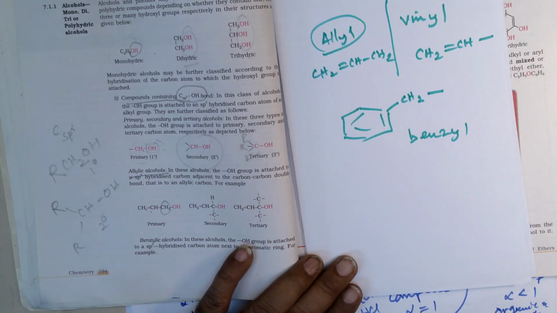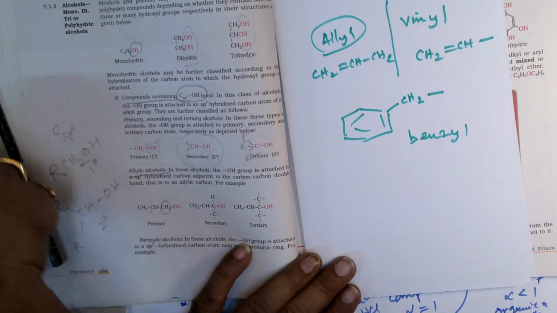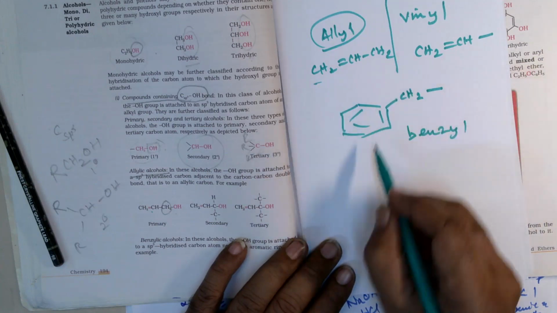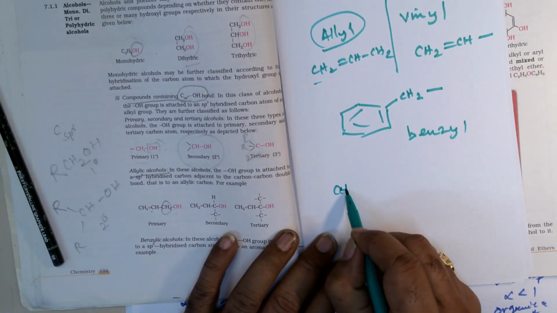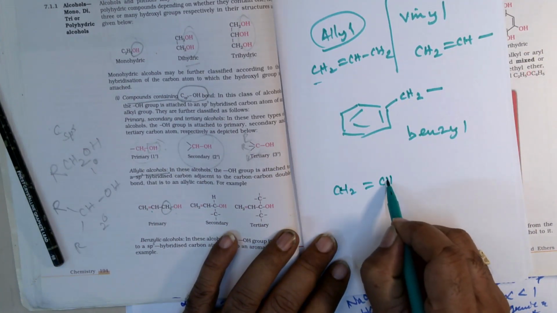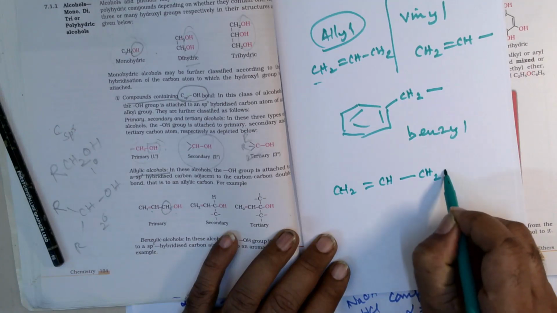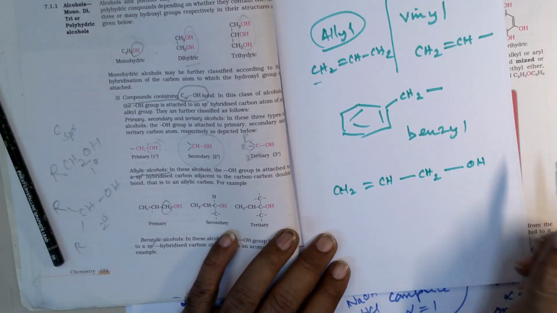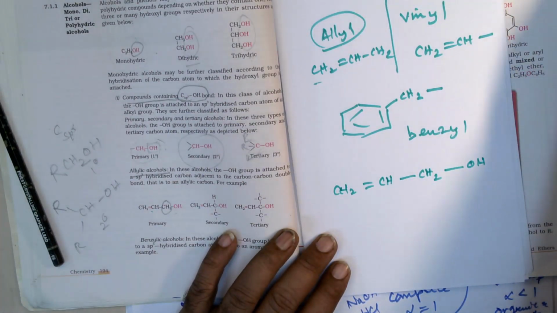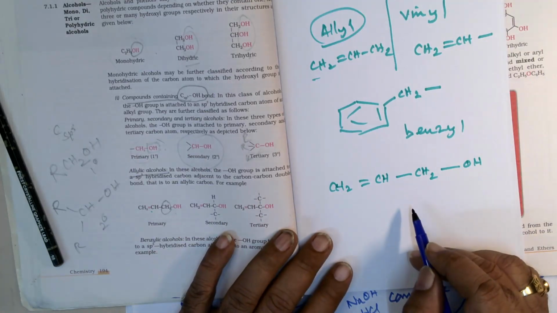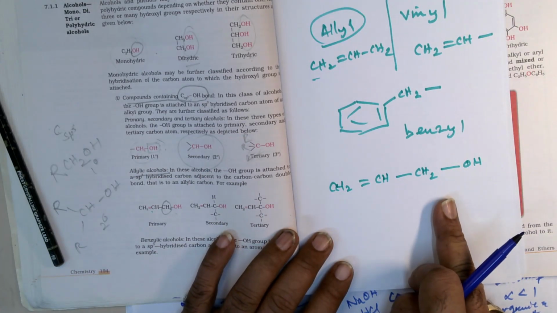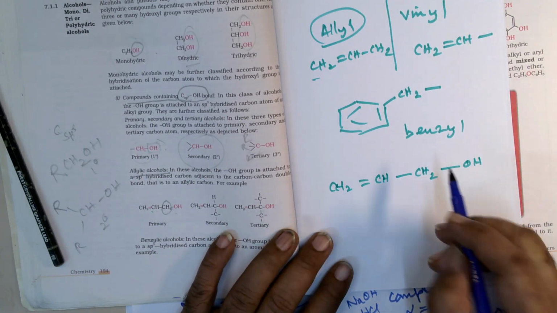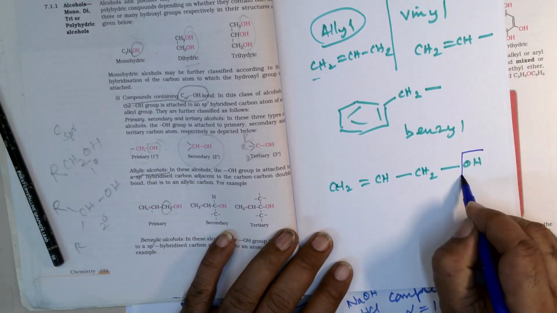Yes. Now, can you identify the unsaturation between which two carbon atoms can you say? For example, let me consider this CH2. Let us consider CH2 double bond CH single bond CH2, and this is OH. Now, first of all, you should be able to identify whether it is primary, secondary, or tertiary. Why? Because yes, this is the functional group.